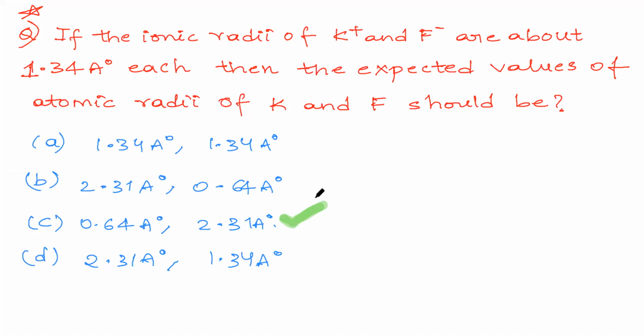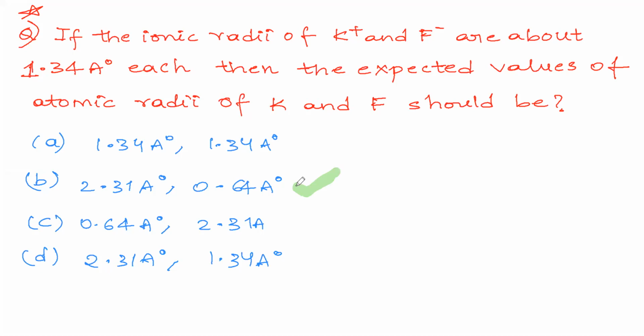But they are asking here the atomic radii of potassium and fluorine. So the answer is the second option. It is not the third option. If you take only ionic radii, this is the third option. But the second option is 2.31 angstroms and 0.64. Second option is the right answer because potassium's atomic number is 19 and fluorine's atomic number is only 9.